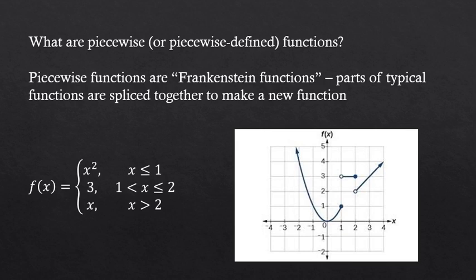It's not the entire graph, because we are only taking these functions for certain x values, but it is the graph of x squared being used for some interval of x values, and the graph of 3 being used for some interval of x values, and then the graph of x. So that's what the graph of this looks like here.